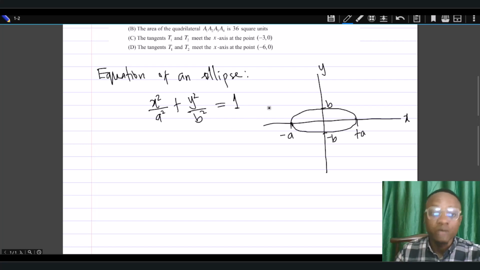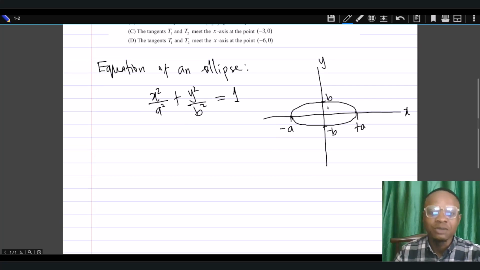We also are expected to know that when you want to get the equation of the tangent to the ellipse, we can have different forms for the equation of the tangent. We can have it in terms of the points. Let's say we want to get the tangent to this ellipse at the point x equal to x1.